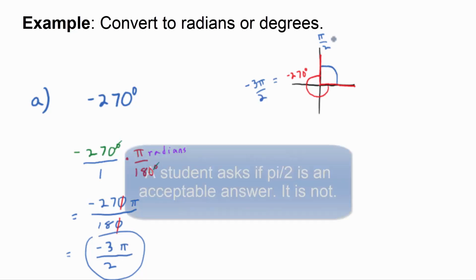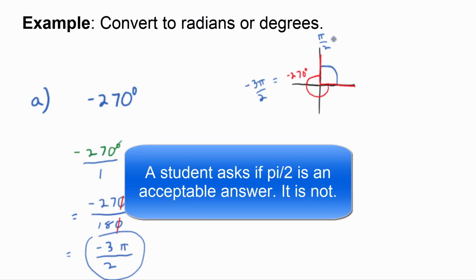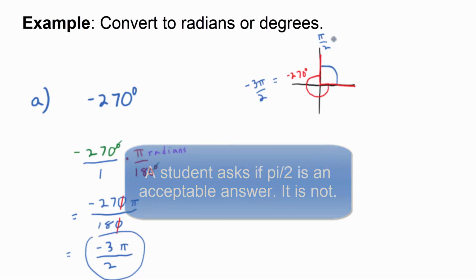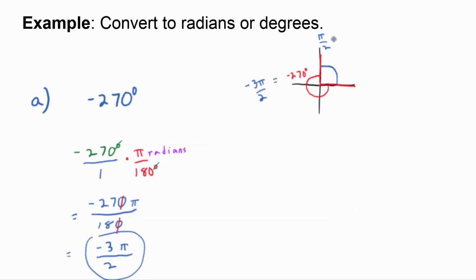Any questions? Well, no, because they're not the same. If you said pi over 2 was the answer, you'd be saying essentially negative 3 pi over 2 equals pi over 2. They're not the same, but they are coterminal. Clearly the angle in red is not the same as the angle in blue, right? But they are coterminal. They have the same terminal side.